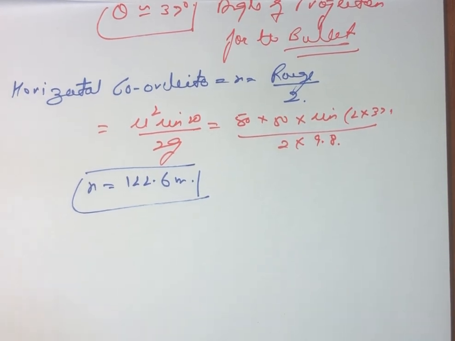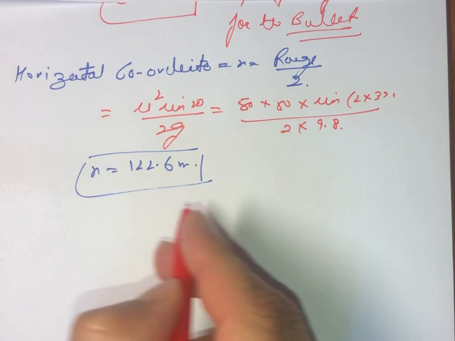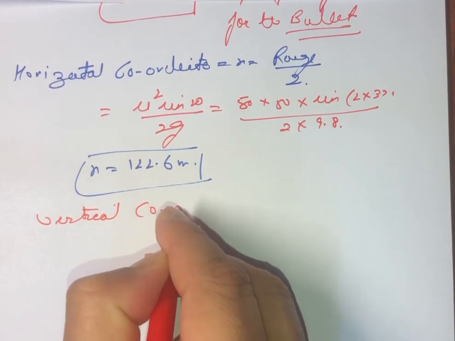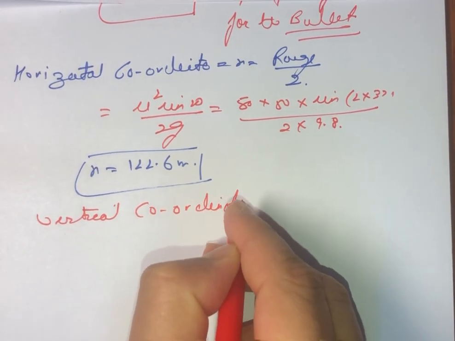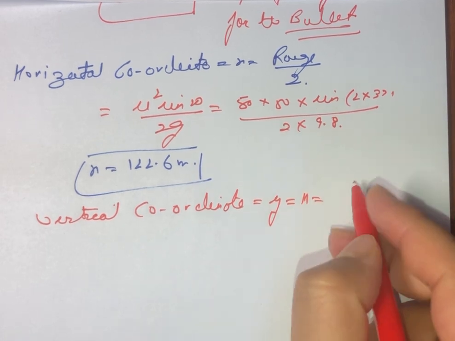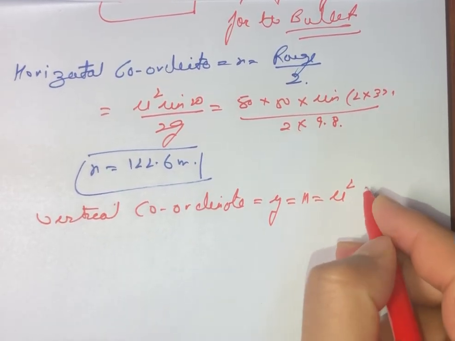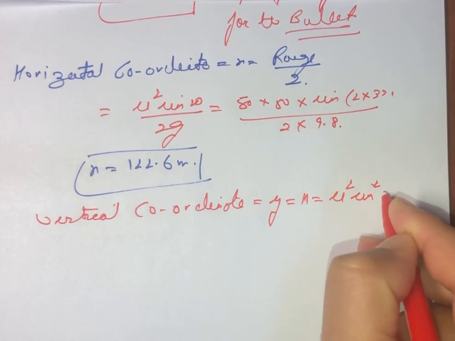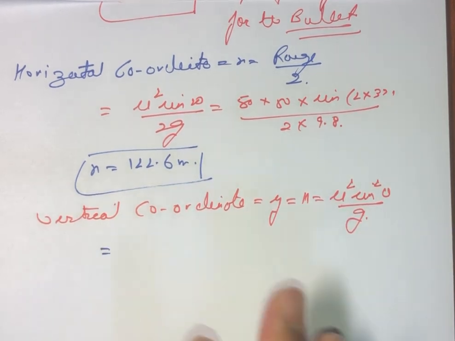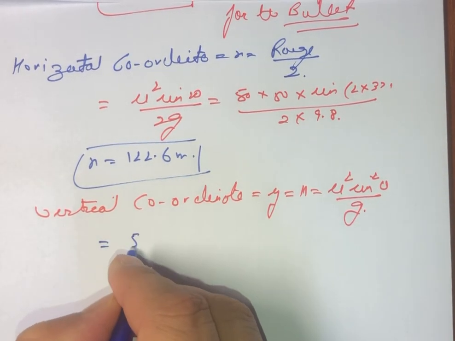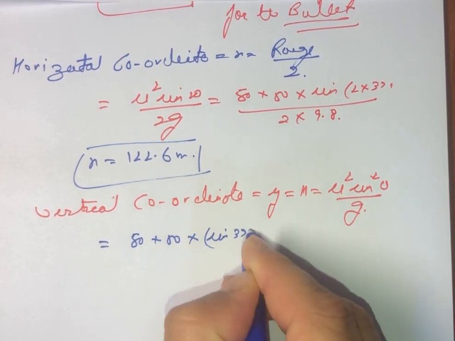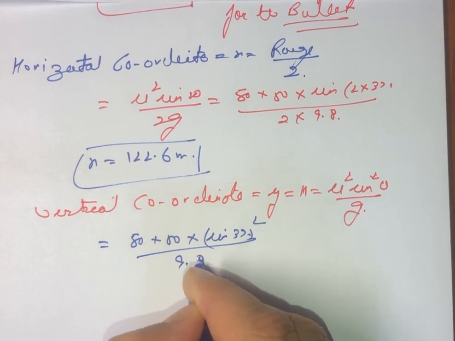And next we are going to find out the vertical coordinate. So the vertical coordinate, which is y, will be given by the maximum height, u square sine square theta divided by 2g. We substitute the values, we get 50 into 50 into sine of 37 whole square divided by 9.8.